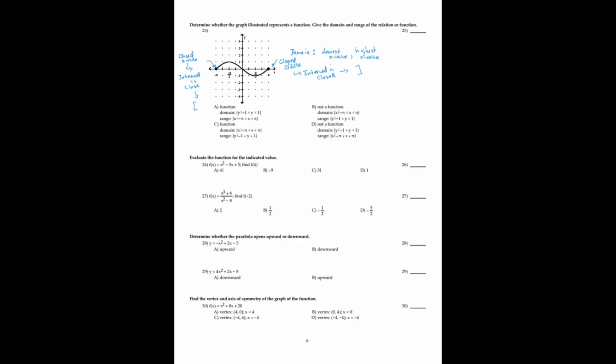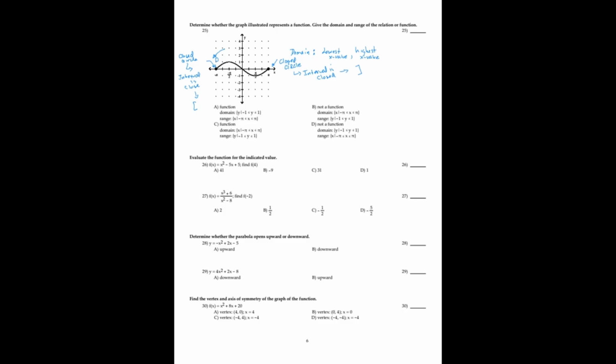If we have open circles, suppose that instead of this one you have something like this, it would be a parenthesis. If you have an arrowhead, then it goes to infinity, and it will be a parenthesis also, right?